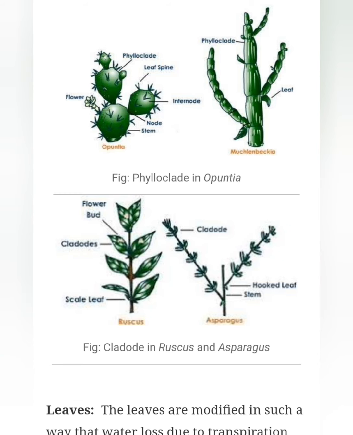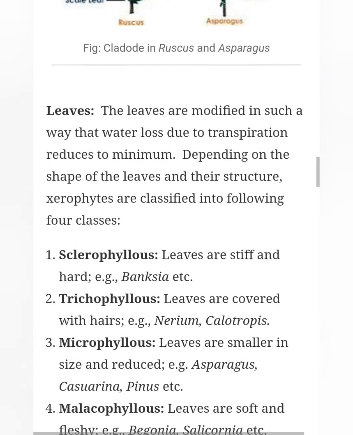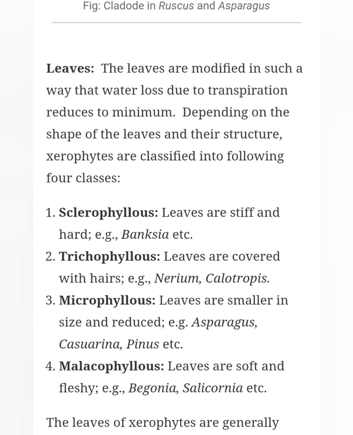Now coming to the leaves. The leaves are modified in such a way that water loss due to transpiration is reduced to a minimum. Depending upon the shape of the leaves and their structure, xerophytes are again classified into four types.